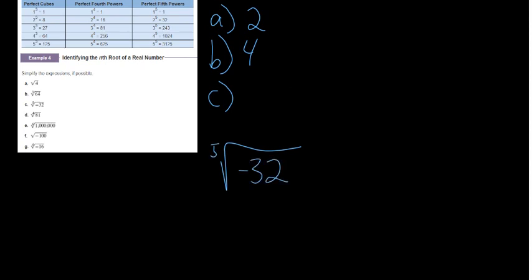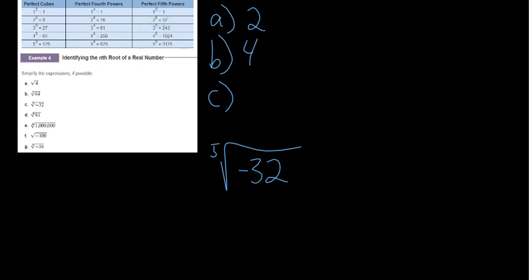If I were to go with that line of thinking and say every negative number I see here is no real number, I would be wrong, right? Because the fifth root of negative 32 is basically saying, what times what times what times what times what is equal to negative 32. Looking at the fifth powers here, we have a 32, so 2 to the fifth is equal to 32.